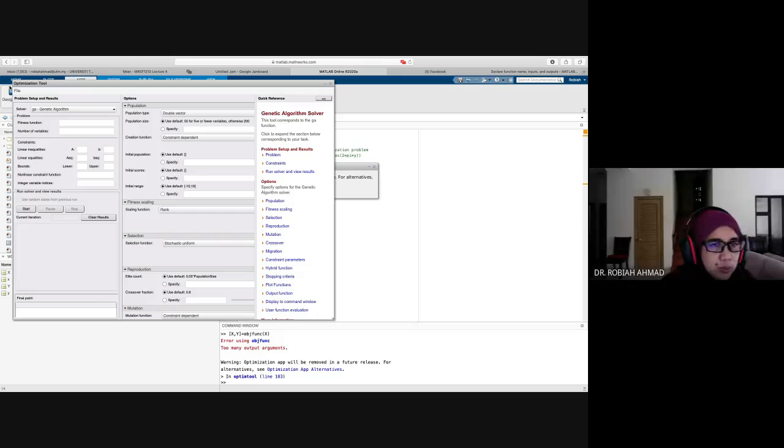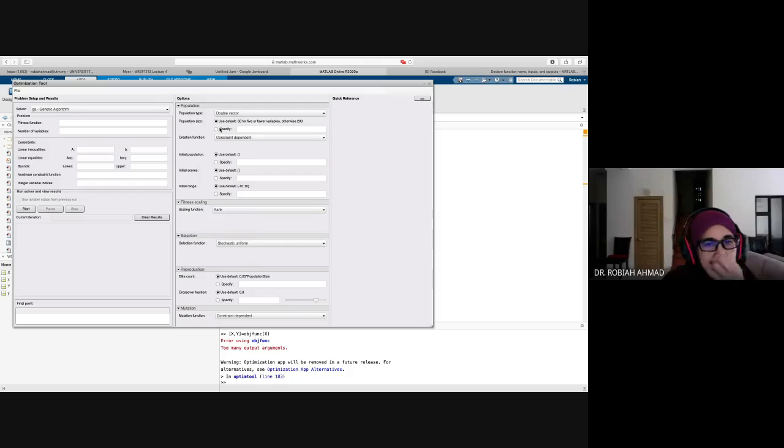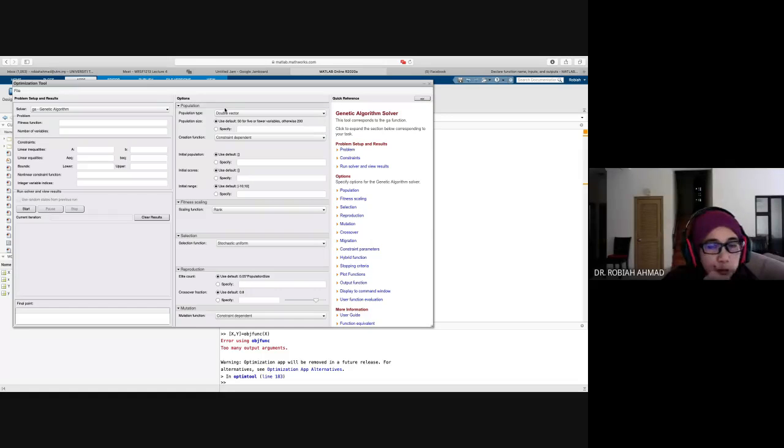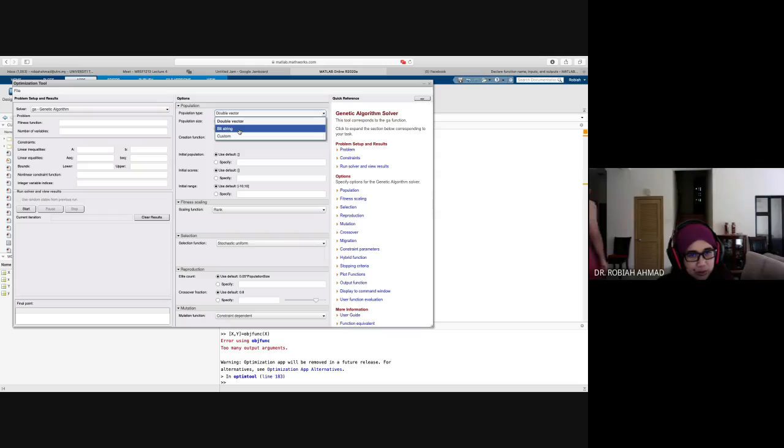The options at the right hand side are where we choose the ones that I described earlier. For example, population type: either bit string like 1010 just now, or double vector. Usually we leave it default.